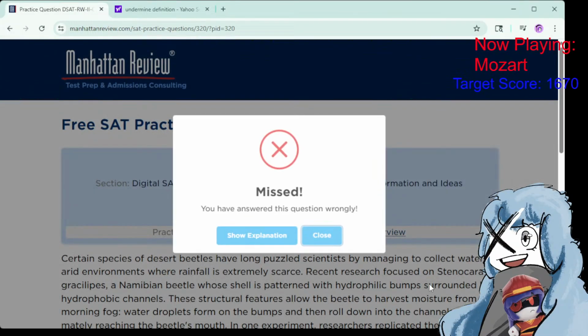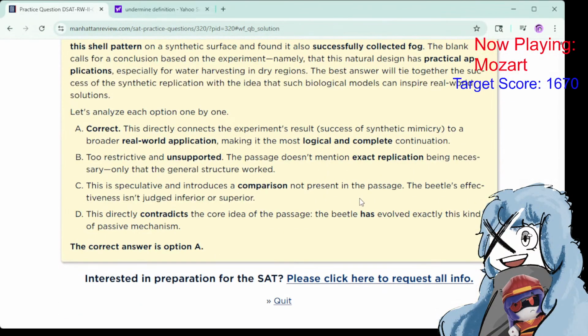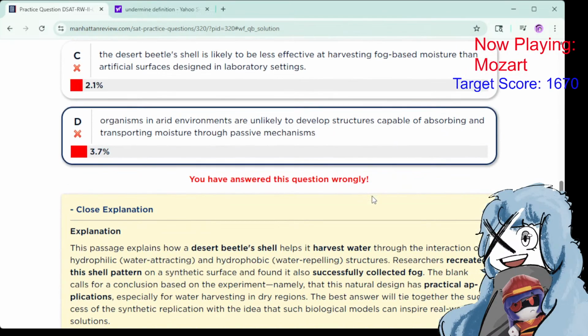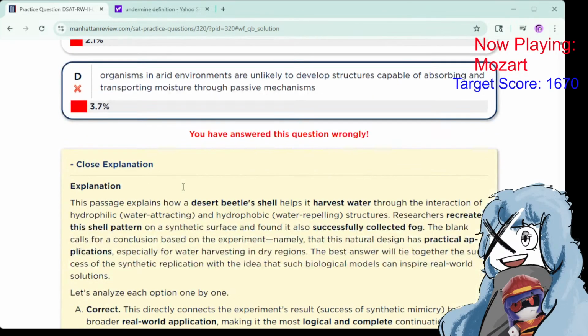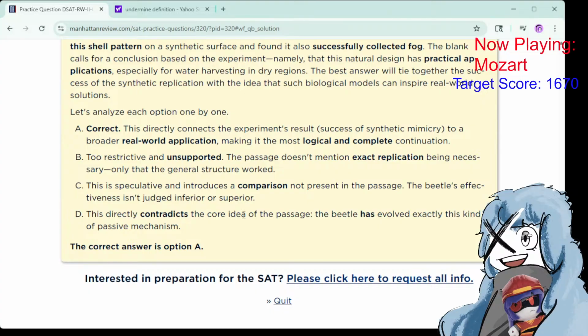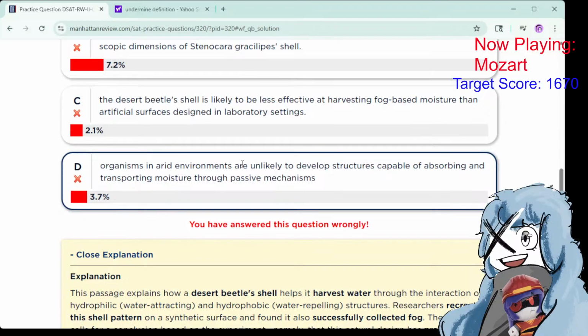D. Oh, I broke my mouse. No, my mouse. Hello. There you go. It's A. It still contradicts, according to the passage. Unlikely. Are you serious?